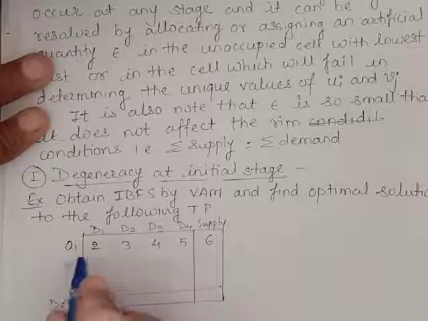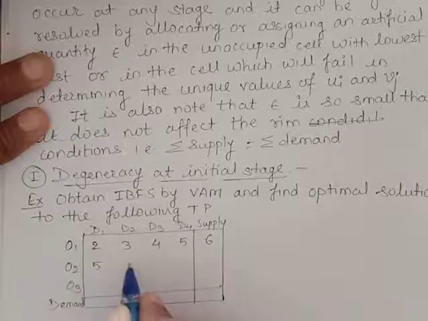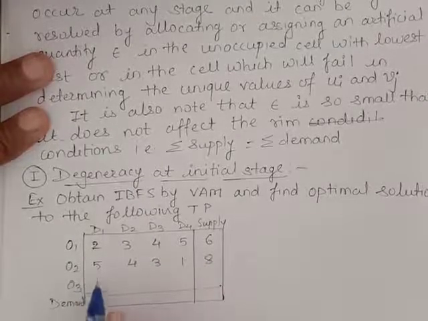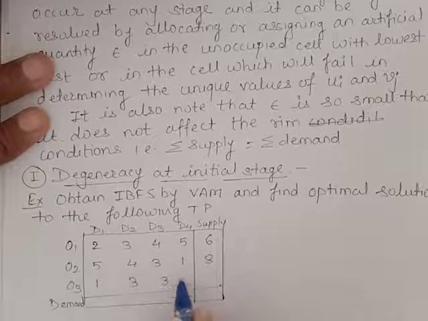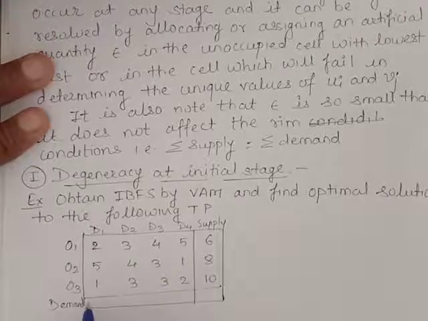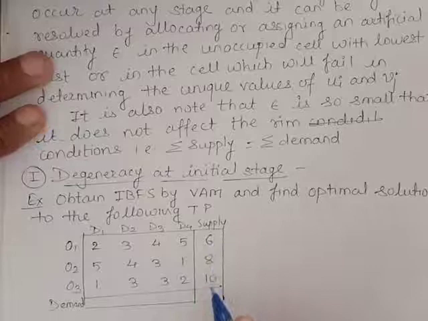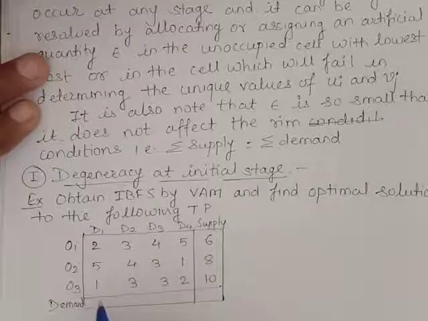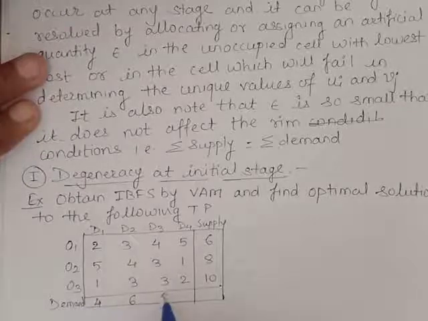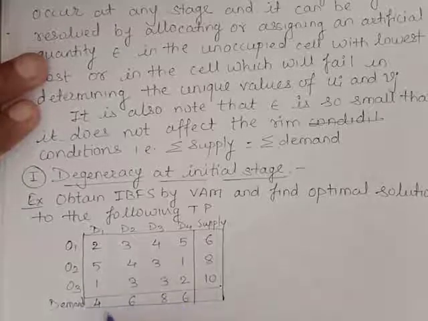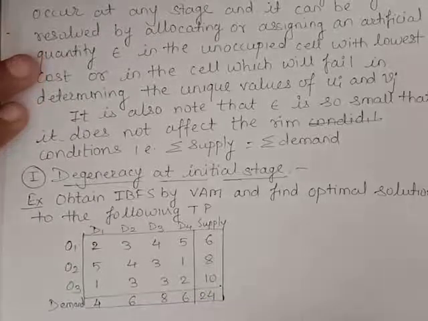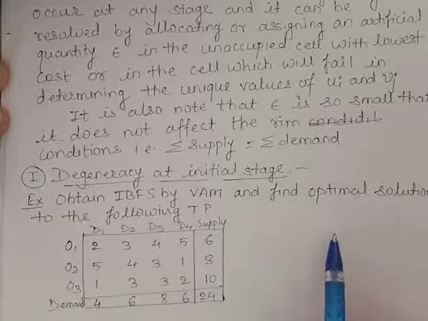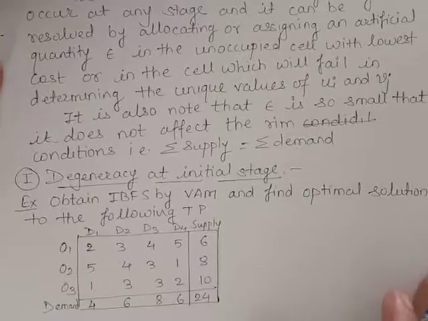Here 5, 4, 3, 1 and the supply is 8. Then 1, 3, 3, 2 and the supply is 10. So what is the total here? It is 14 and 10, 24. What about demand? Demands are 4, 6, 8 and 6, which is also 24. So it is balanced. So we can easily determine the initial basic feasible solution, and then find the optimal solution for this transportation problem.